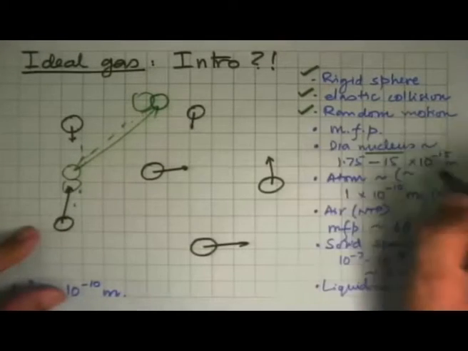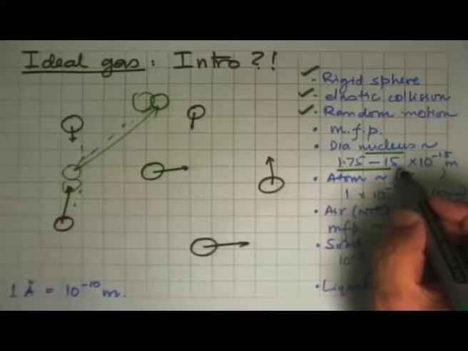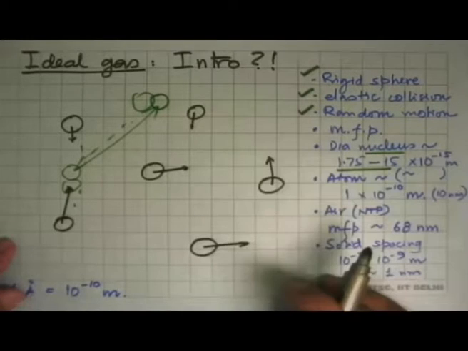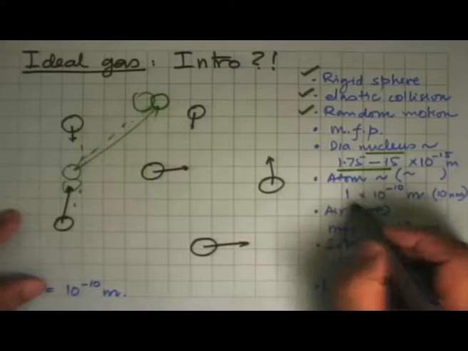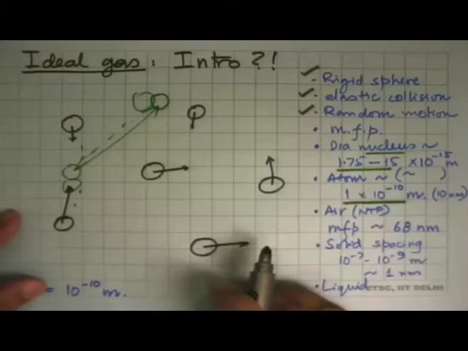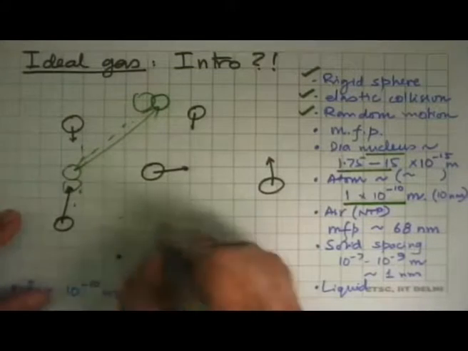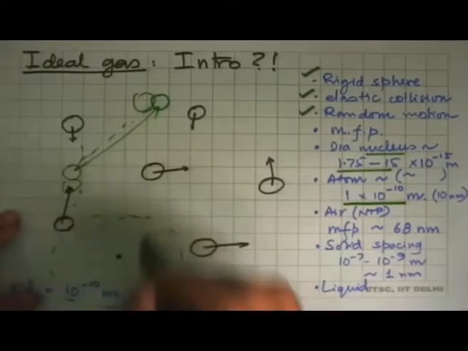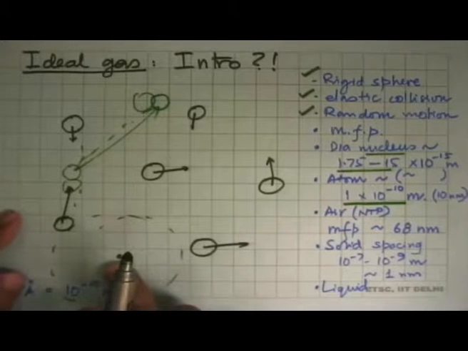Diameter of a nucleus is of the order of 1.75 to 15, depending on the size of the nucleus, times 10 to the power minus 15 meters. The diameter of the molecule itself, including the electron cloud, is of the order of 10 to the power minus 10 meters, which means that if this is the nucleus, the electron cloud occupies a space whose diameter is 10,000 times the diameter of this.